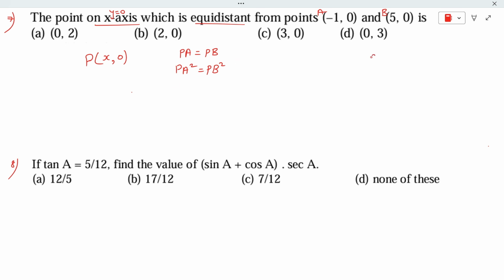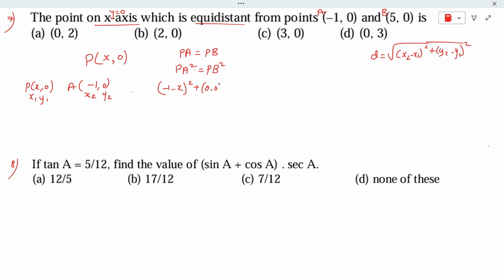So what is the distance formula? Distance formula is root of x2 minus x1 the whole square plus y2 minus y1 the whole square. If I take the square, the square root will be removed. For PA, the point P is x comma 0 and A is minus 1 comma 0. Labeling as x1 y1 x2 y2 and substituting: minus 1 minus x the whole square plus 0 minus 0 the whole square will be equal to PB.